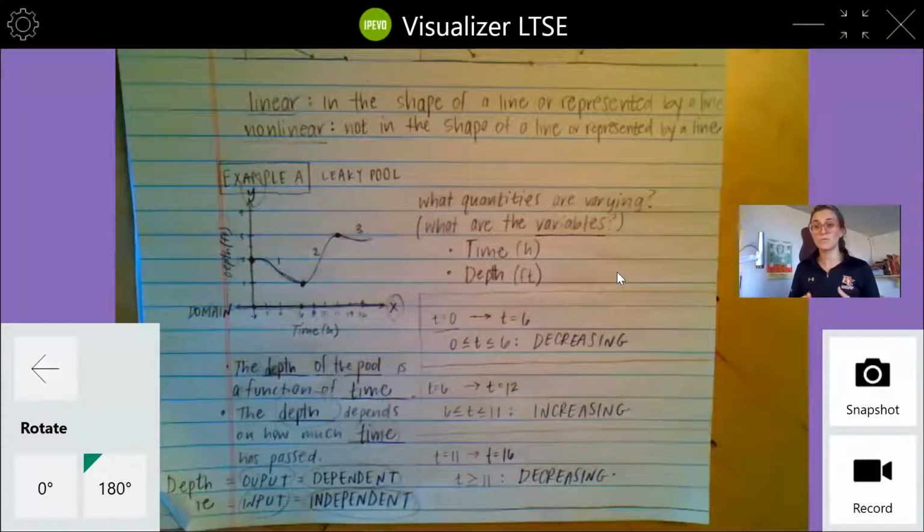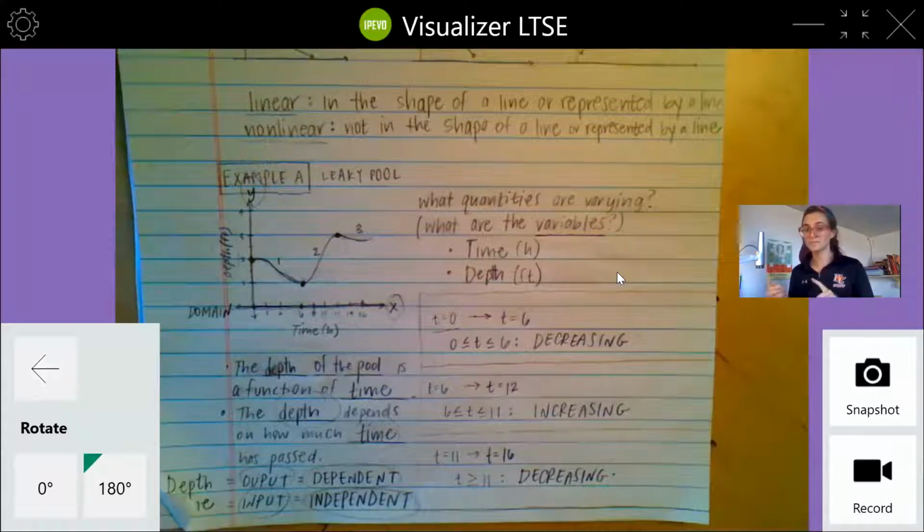Depth of pool is a function of time. The depth of the pool depends on how much time has passed. Time would be my input, would be my independent variable, is my domain. Depth of the pool is my output, is my dependent variable, is my range.